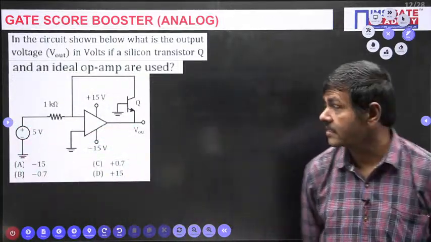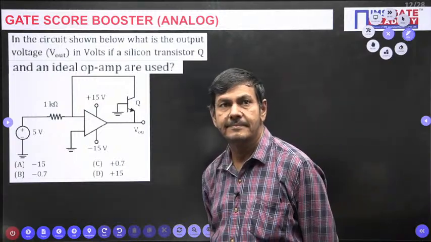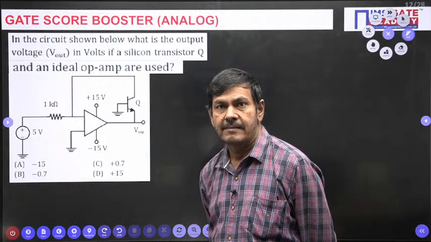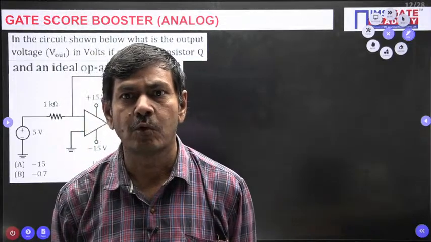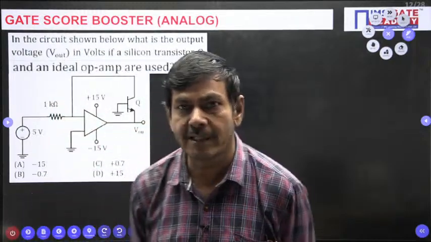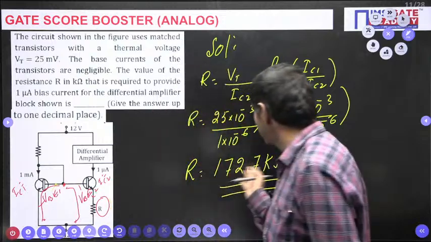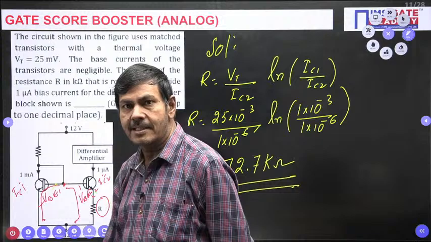What value is asked in the problem, you check it. It's kilo ohms, exactly, kilo ohms only, that's correct. Very good. I gave the answer in kilo ohms only, 172.7 kilo ohms, perfect. What you did is right. It's an acceptable answer.